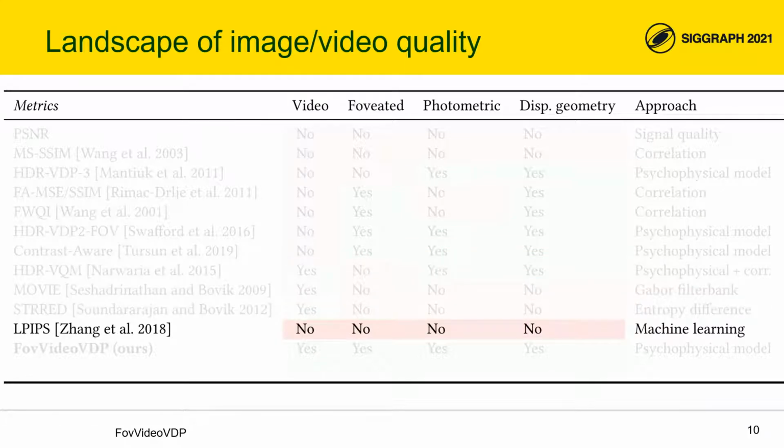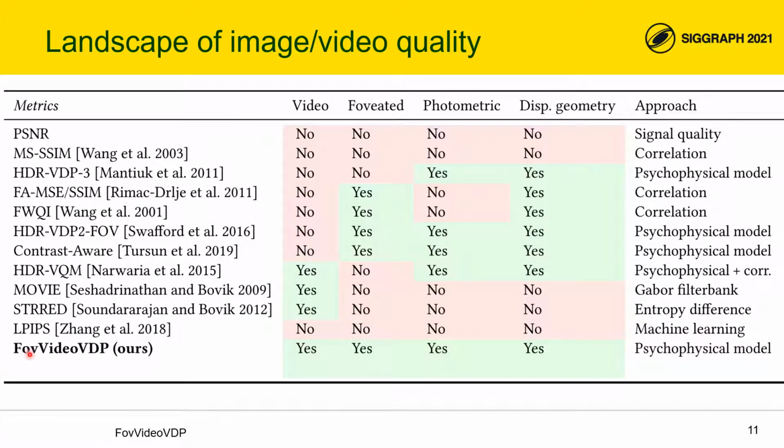Finally, we have metrics that rely on deep learning, like LPIPS over here, and which are exceptionally accurate on datasets they were trained on. But they do not generalize well across the datasets, and they do not explicitly model any perceptual and physical aspects. Our metric accounts for temporal vision, foveation, physical display properties, and is based on psychophysical models.